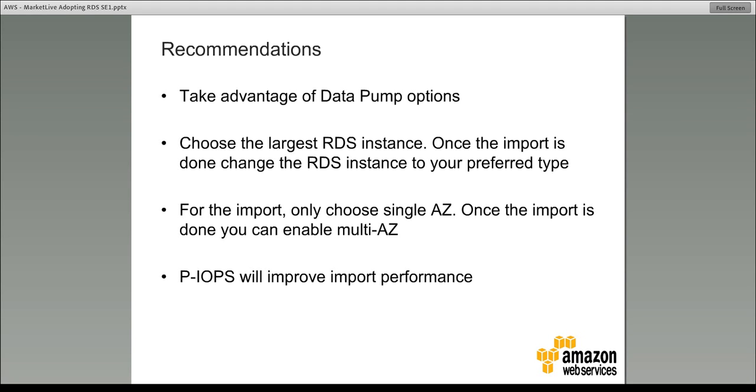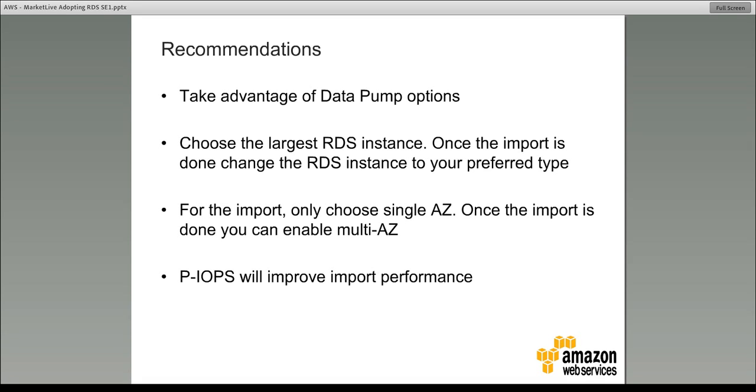Of course, for the import, I can choose single AZ, which will be more performant in terms of the bulk insert. Then once the imports are completed, I can enable multi-availability zone. That will bring your standby up to date with your primary, and additional transactions beyond your initial load will, of course, be synchronously written across both those data centers.